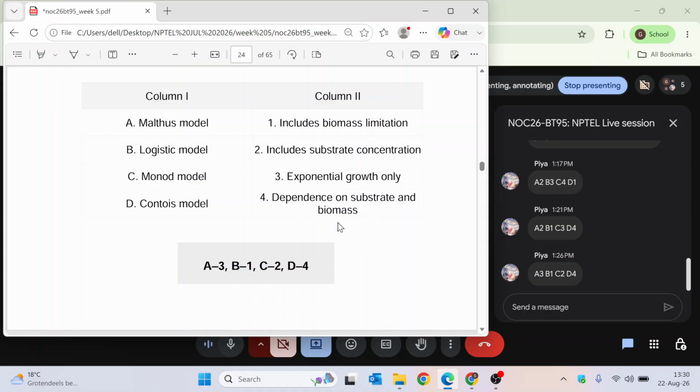And in the next model, which is the quantized model, even if there is enough substrate available, if the microbial carrying capacity is reached, I mean when in a given space only this much of biomass can grow, then only that can grow. Even if you give more food, you cannot expect growth because in the particular system only this much can be occupied. So they are also taking into account the biomass that is present in the system.